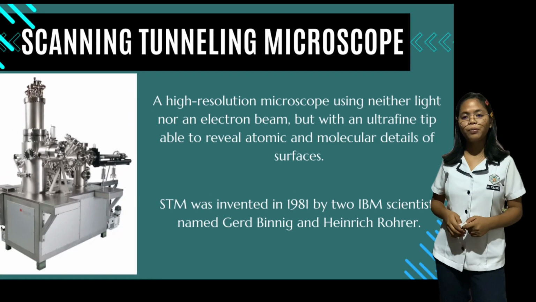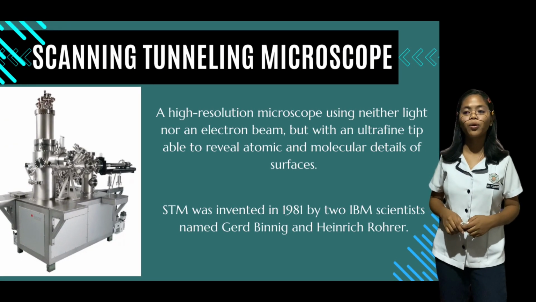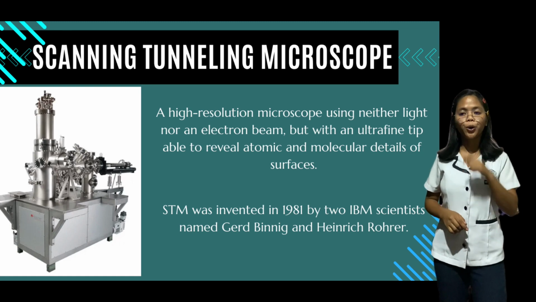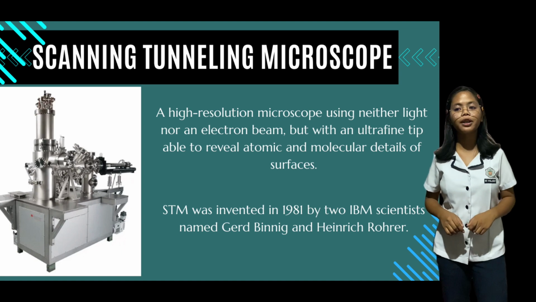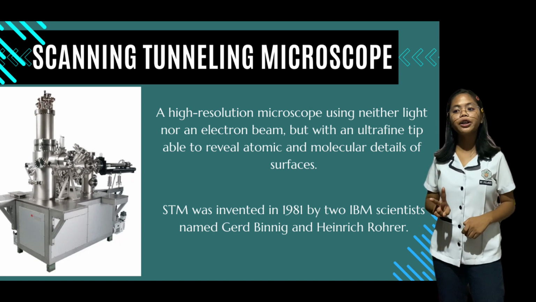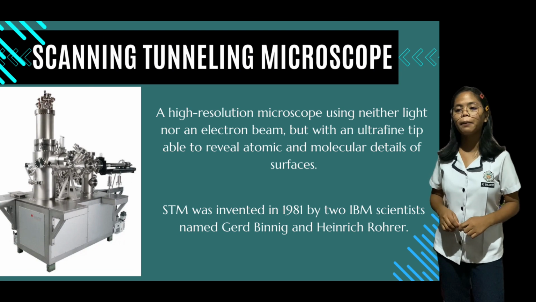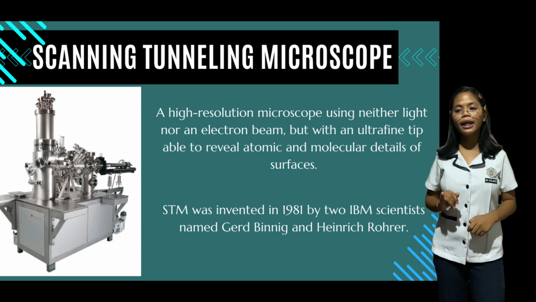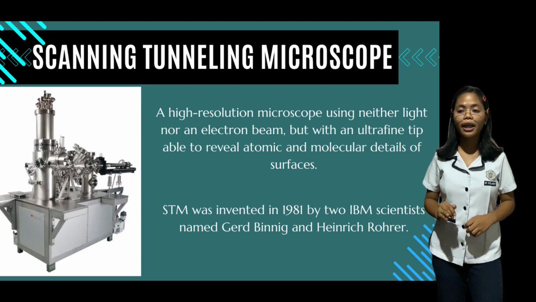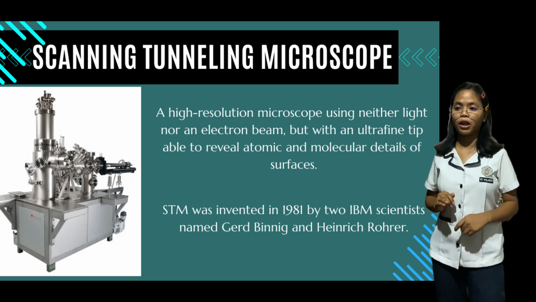First microscope is scanning tunneling microscope, a high-resolution microscope using neither light nor an electron beam, but with an ultrafine tip able to reveal atomic and molecular details of surfaces. STM was invented in 1981 by two IBM scientists named Gerd Binnig and Heinrich Rohrer. Take note of the two scientists who invented scanning tunneling microscope.